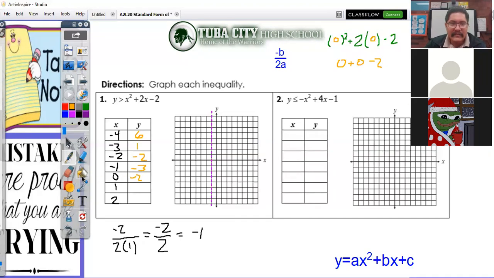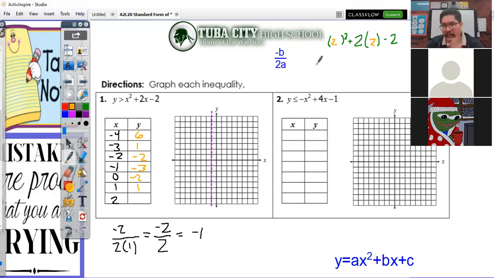And again, axis of symmetry means it's going to be the same on both sides. Okay, 1 squared. And 2 minus 2 is 0. So this would be 1. And let's go ahead and move over to the next one, which is 2.